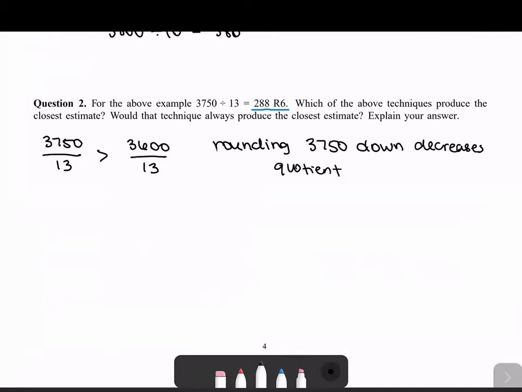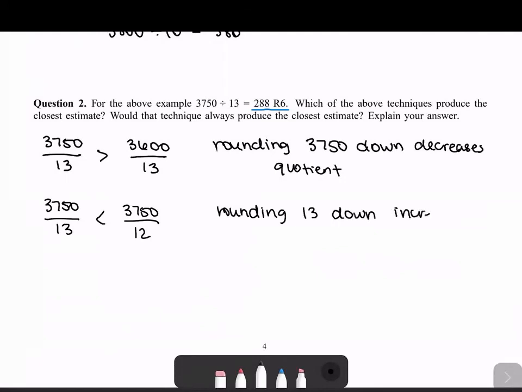But what happens if we round the 3750 down and we round the 13 down? Let's compare 3750 over 13 and 3750 over 12. When you divide by less, you actually get more. So if we round the divisor down, rounding 13 down actually increases the quotient.